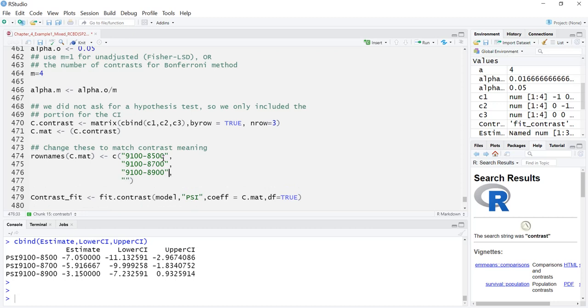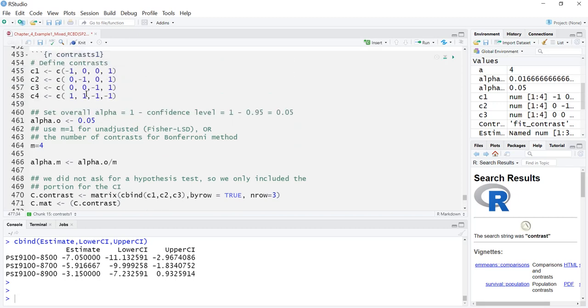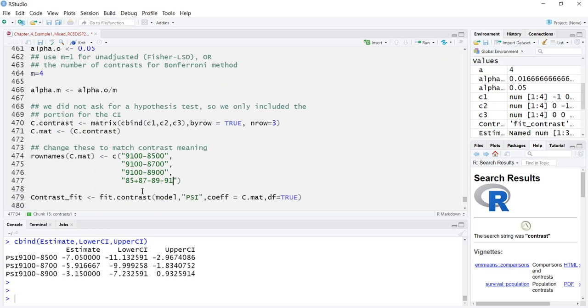So I add the comma here, and then I hit enter, and I add the quotations, and I'm going to say 85 plus 87 minus 89 minus 91, because that's what I'm doing here. So instead of putting the hundreds, you could put the 100. Well, I guess I will. We'll just make it a little longer, but that's okay. Then we'll know what we're looking at.